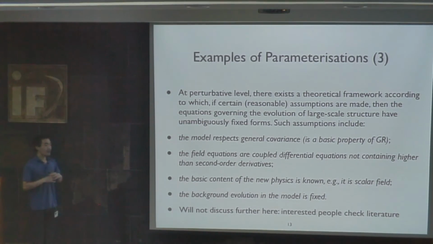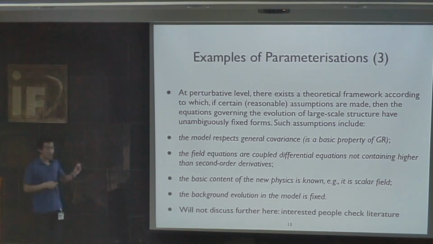And without being given a Lagrangian, it's probably difficult to derive the perturbation equations. However, that's one way to do it. And this is if you have prior knowledge of what is the matter contained, what are the basic properties that you have for this field.